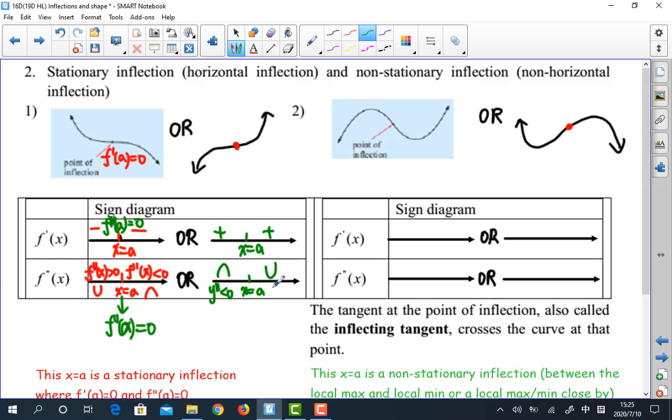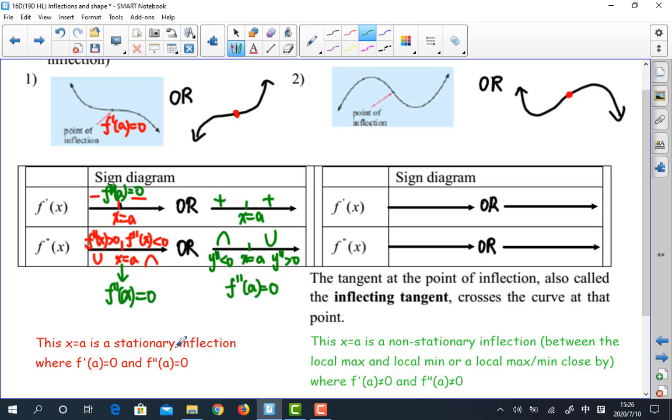To concave up, the second derivative is greater than 0. From less than 0 to greater than 0, don't you think f double prime a should be equal to 0? So x equals a is a stationary inflection where f prime a is 0 and f double prime a is also 0. So for stationary inflection, the first derivative at this point is 0. The second derivative at this point is also 0.